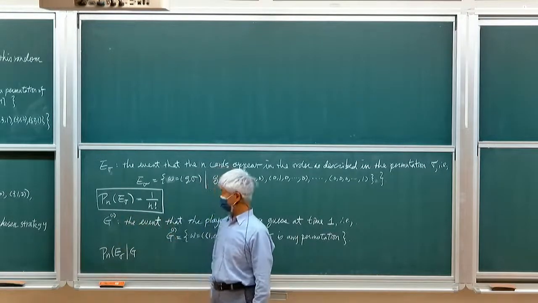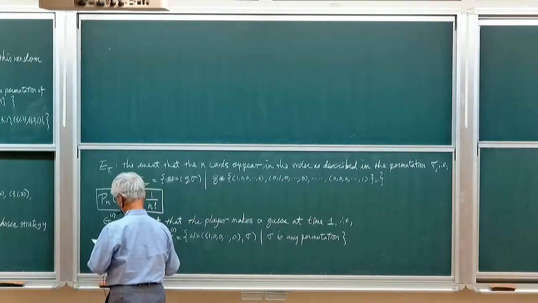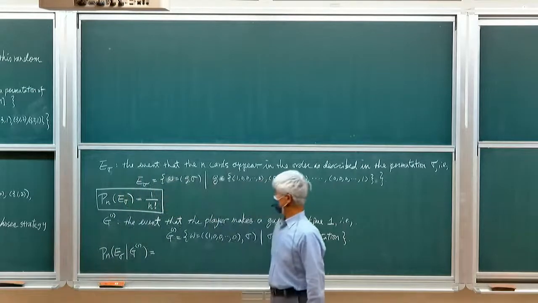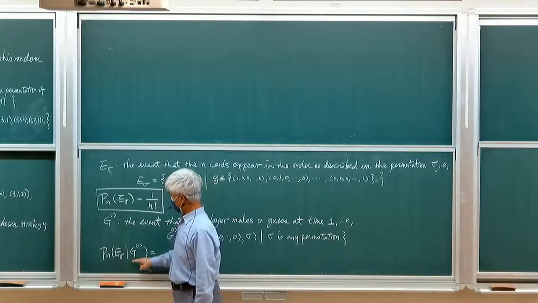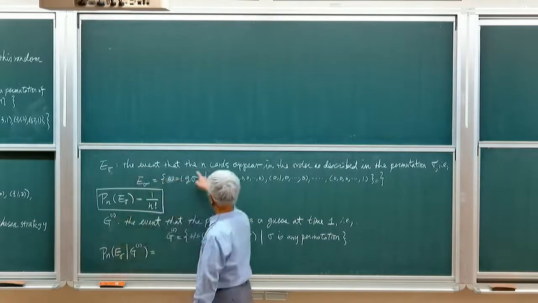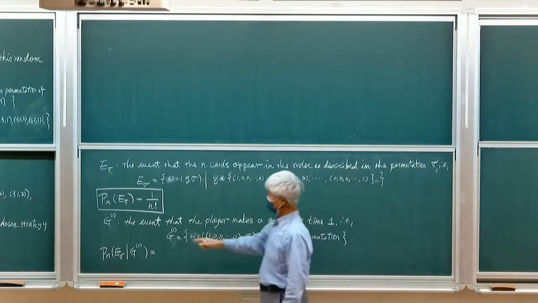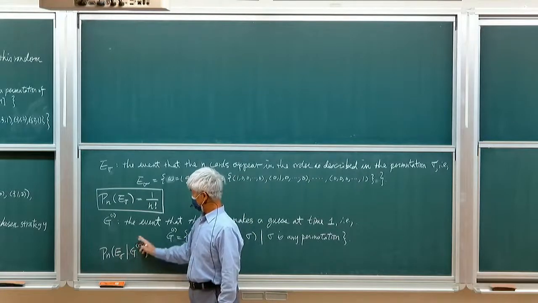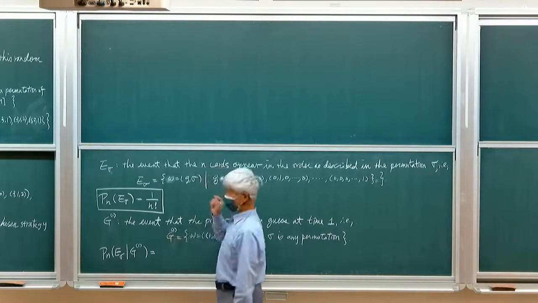Now the conditional probability of the event that the n cards appear in the order described by the permutation sigma, given that the player makes a guess at the first time.